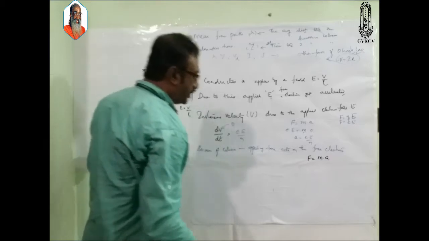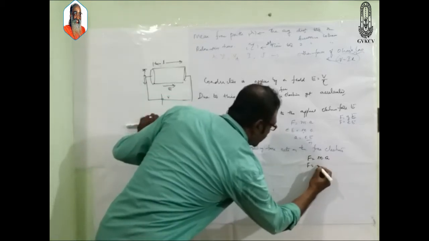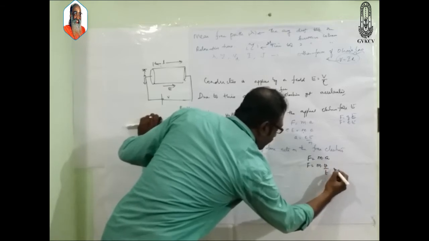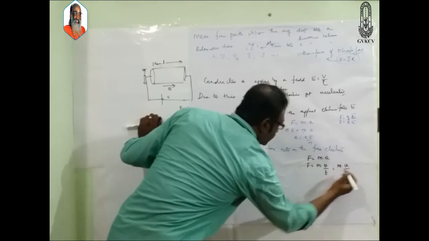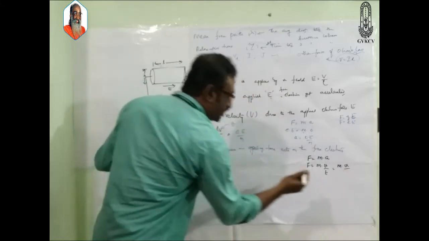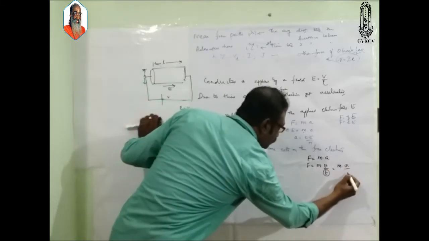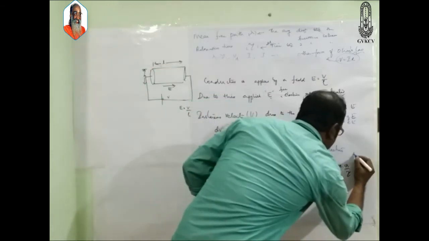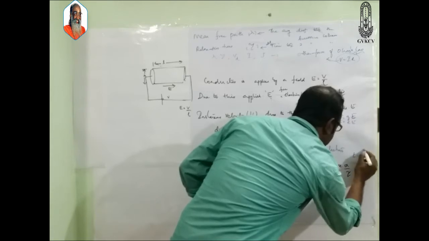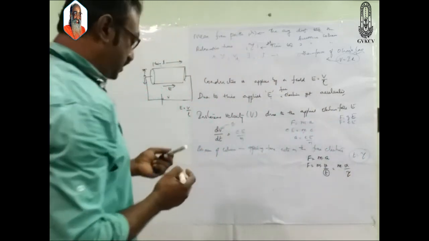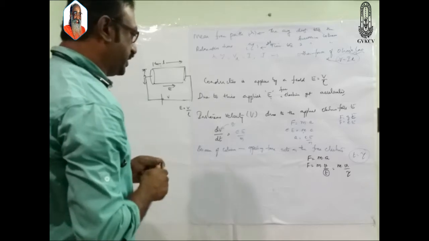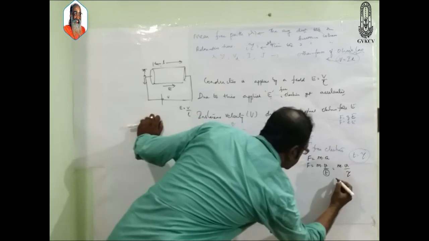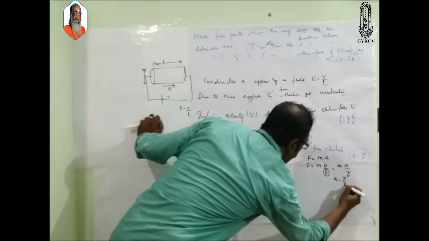Acceleration means velocity by time, so F is equal to m v by time. Because of the collisions, this time will be changed to tau. The average time interval between the collisions is taken as the relaxation time. So I use mv by tau, and you got this acceleration as v by tau.